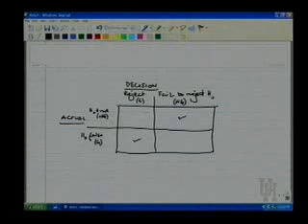The problem occurs in the other two quadrants. When juries return a verdict of guilty and the null hypothesis is true, they have returned a false verdict of guilty, an incorrect verdict of guilty. They have committed a type 1 or alpha error.